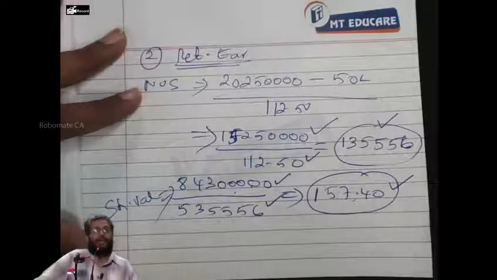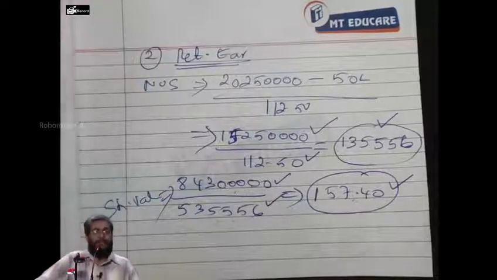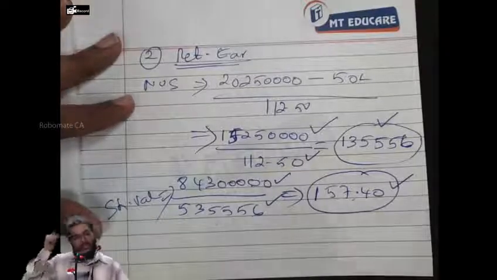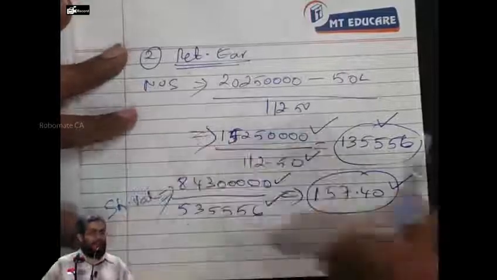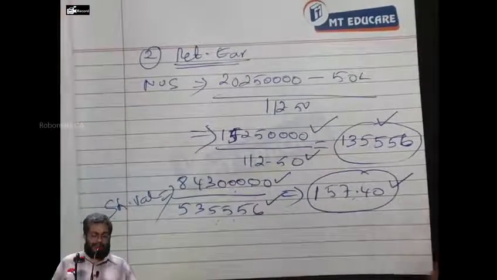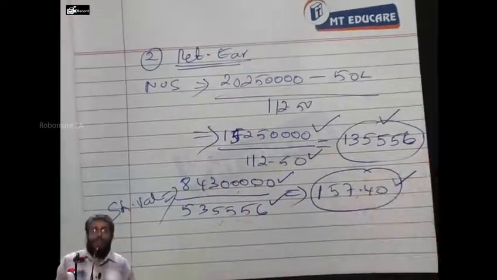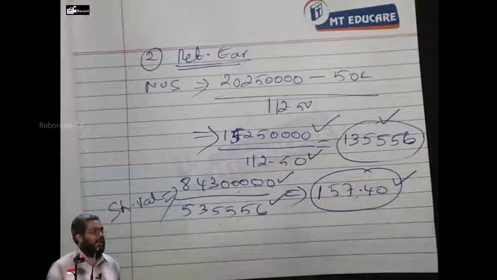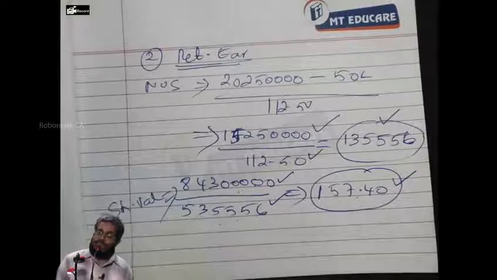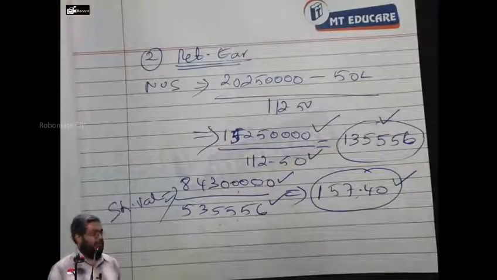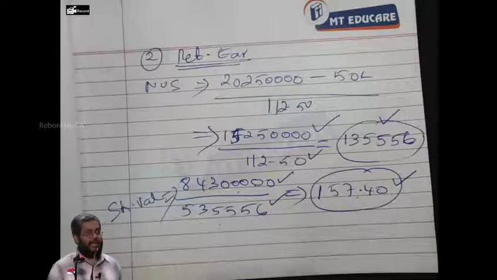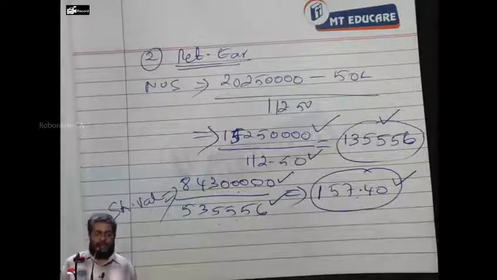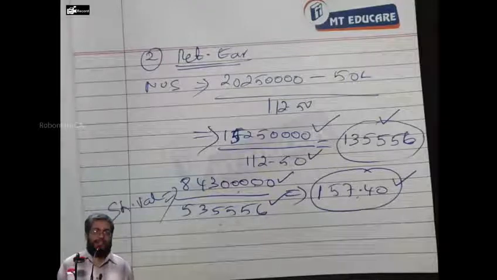Right. The price increases because same wealth is shared by what? Fewer number of shares. The price increases because same wealth is shared by fewer number of shares.